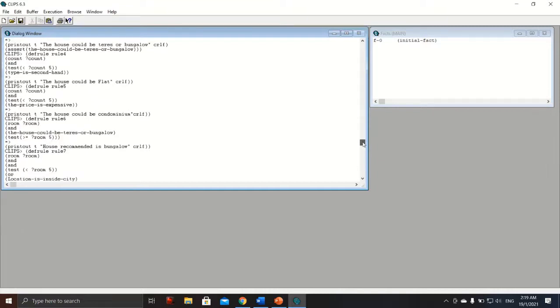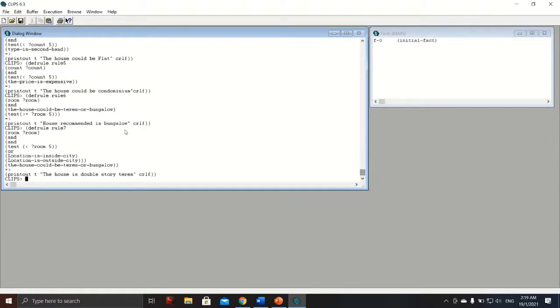Lastly, rule number 7: if the room count is less than 5 and the location is inside or outside the city and the house recommended could be terrace or bungalow, the output will be that the house is a double story terrace. Now I will check the double story house.